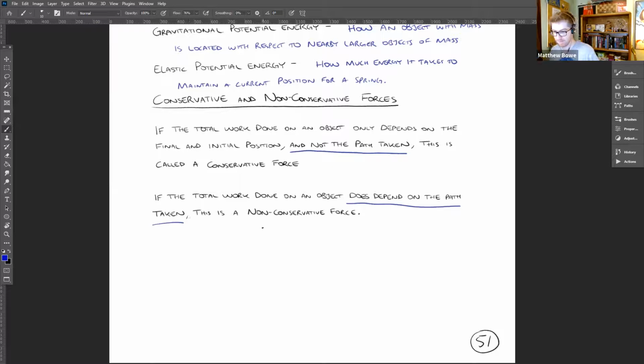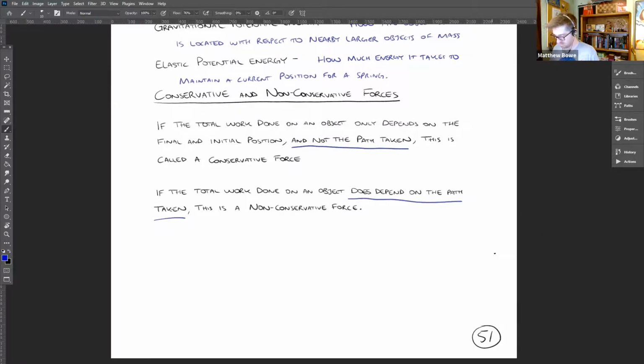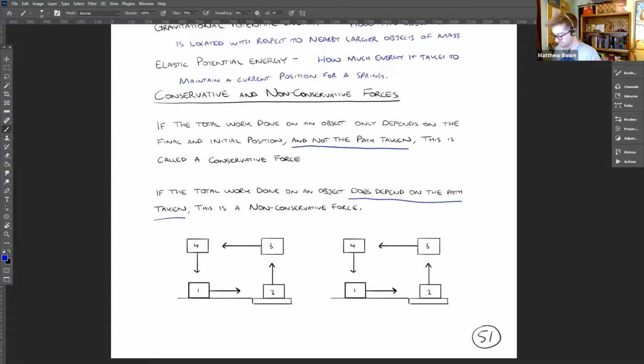So let me bring up a picture that will hopefully demonstrate this. I'll bring both of them up. We have two situations: one is a conservative path, one is a non-conservative path.